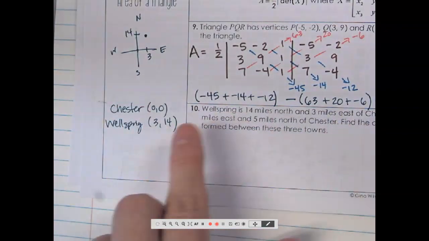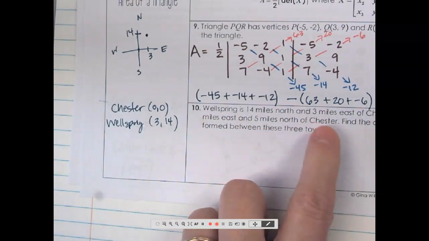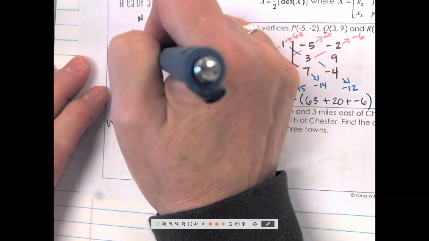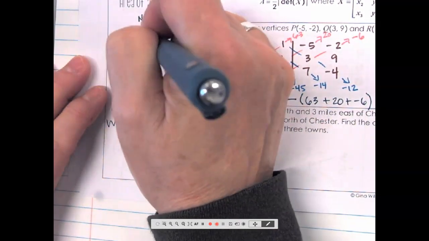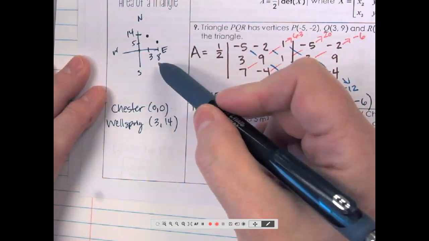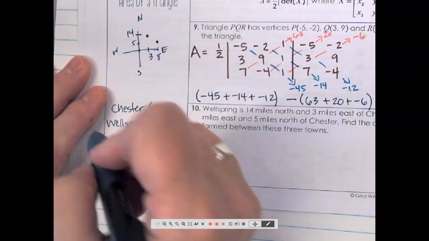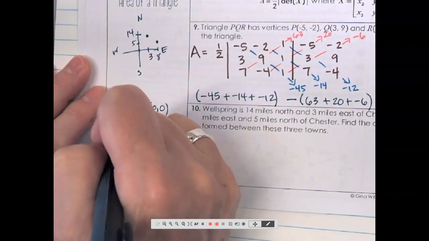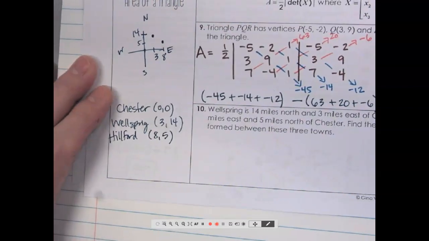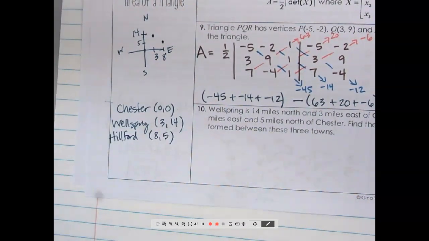Okay, Hilford is 8 miles east and 5 miles north. So that means I'm going over to 8, but up to 5 for that ordered pair. So it would be 8, 5. Okay, so now I have my 3 ordered pairs.